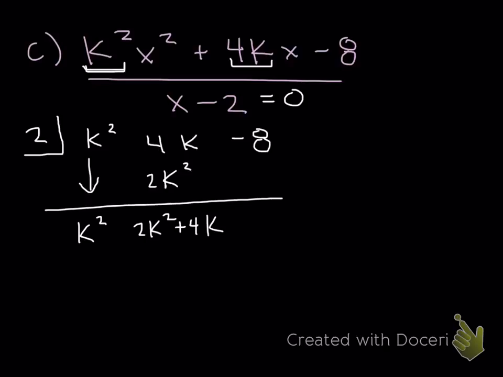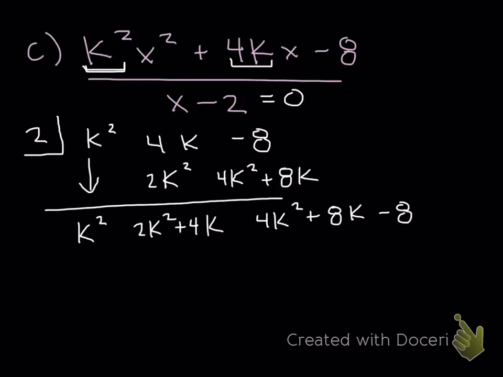Can't combine them because they're not like terms. Now I'm going to multiply by 2. So up here I'll get 4k squared plus 8k. And now I add, and I'll get 4k squared plus 8k minus 8.